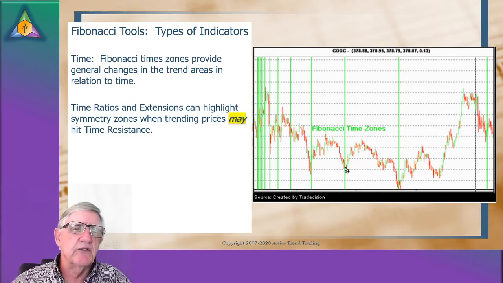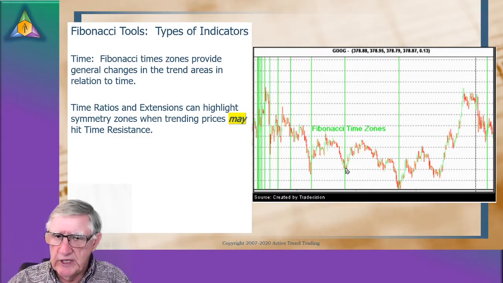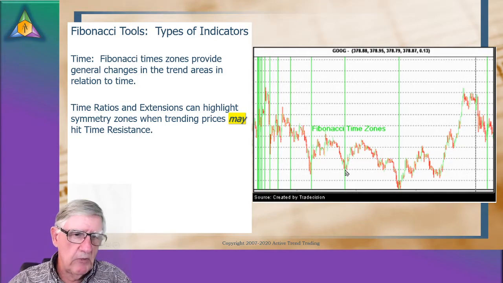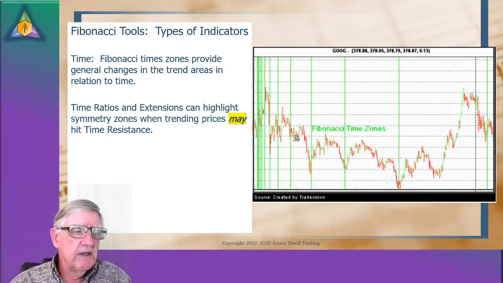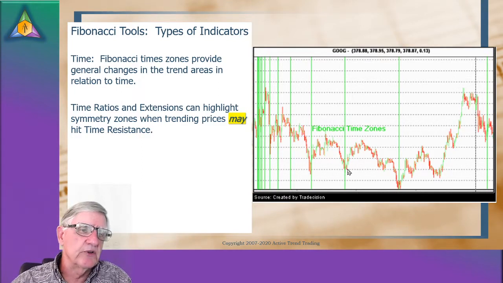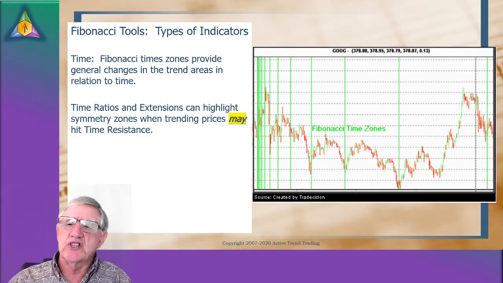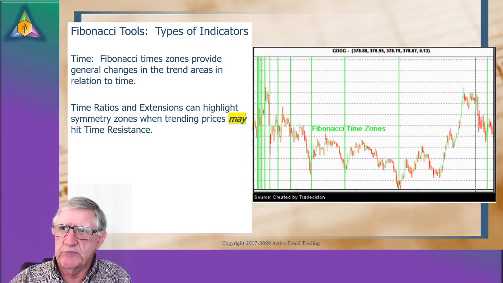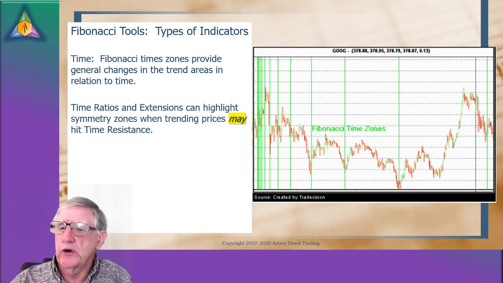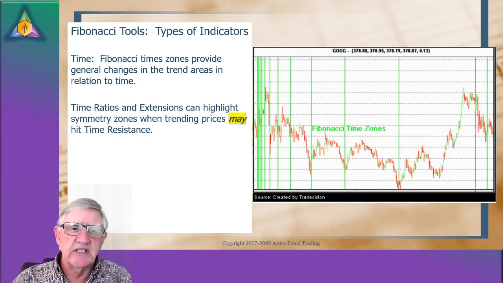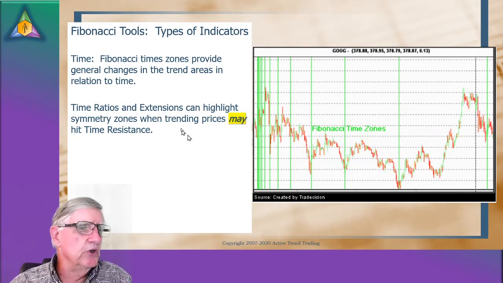Carolyn Boroden, who is the Fib Queen, talks about these time extensions and time zones from the aspect that if price action doesn't react within 1 to 2 days, plus or minus, of the projected time zone point, then that voids that point. Then you go to the next one. That's one of the things to keep in mind as you're doing your analysis.